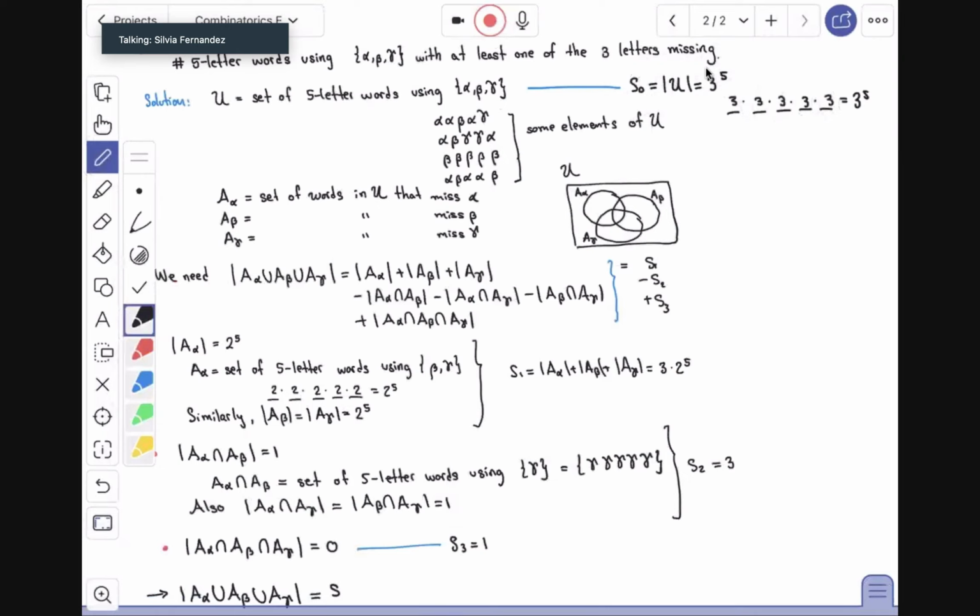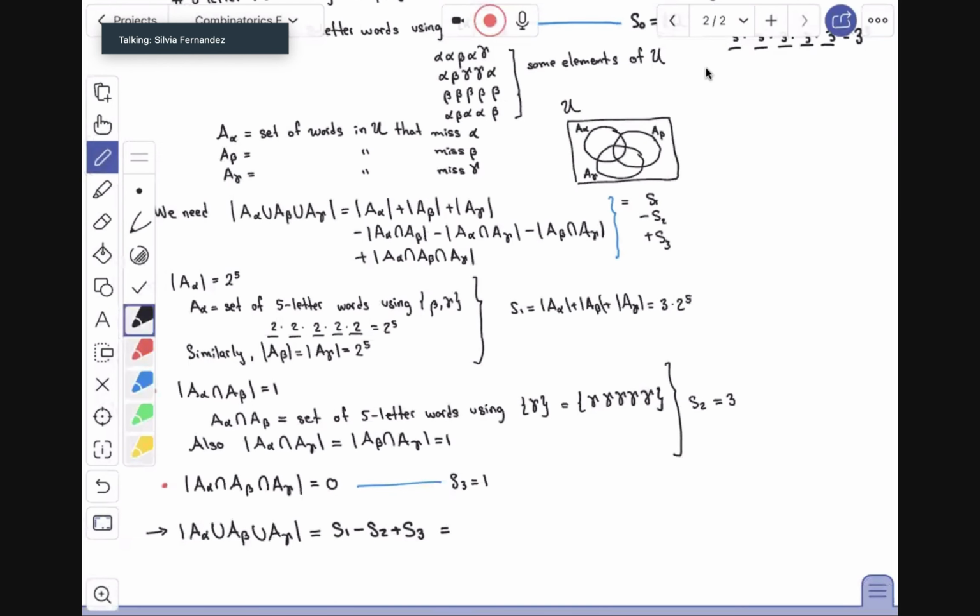Oh, I don't even need that because I'm actually looking at the actual union, not the complement. So this is 3 times 2 to the 5th minus 3 plus, sorry, that one is a 0. There's no word that satisfies that. Plus 0. So this is 96 minus 3.